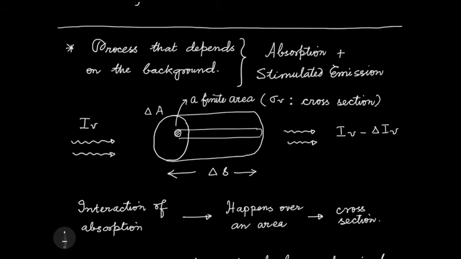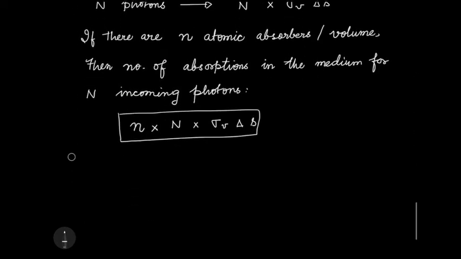Now the intensity, which is a measure of the radiation falling in, obviously depends on the number of photons producing that intensity. So the intensity is directly proportional to the number of photons. So the fractional change in the number of photons, what will this be?